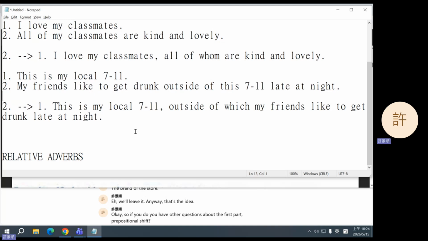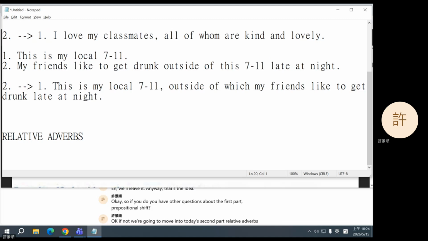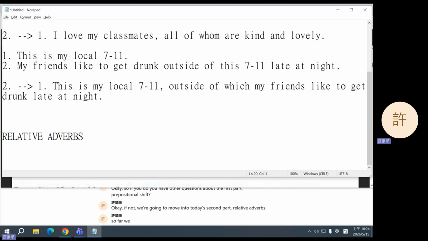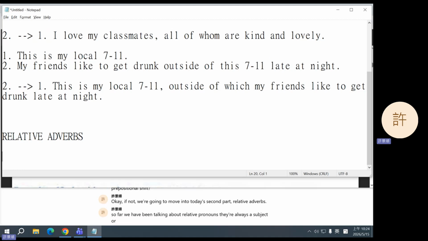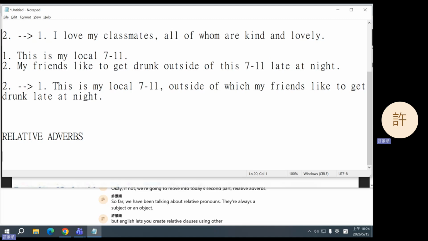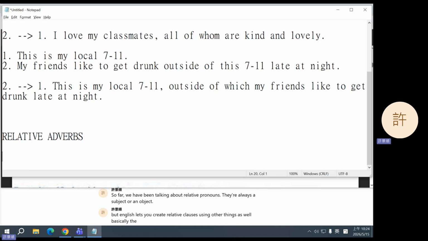Okay, if not, we're going to move into today's second part, relative adverbs. So far, we have been talking about relative pronouns. They're always a subject or an object. But English lets you create relative clauses using other things as well. Basically, the answers to the 7 questions, right?